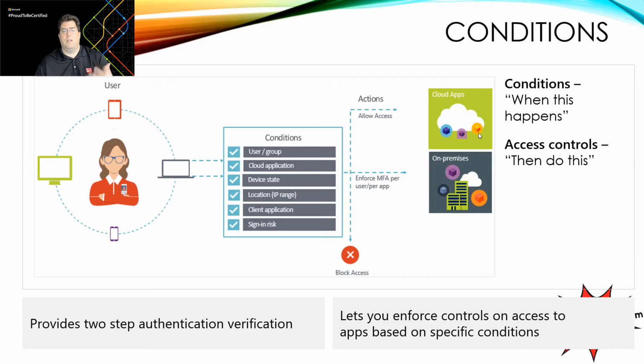We can look at all of those things and then allow or enforce some level of re-verification of who somebody is when that condition's met, to allow somebody to have access or block access again to that sensitive information.